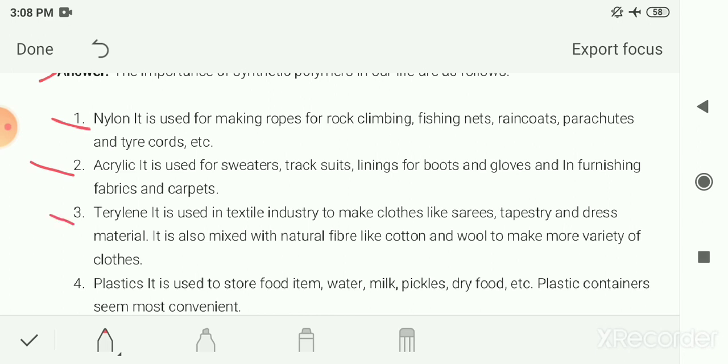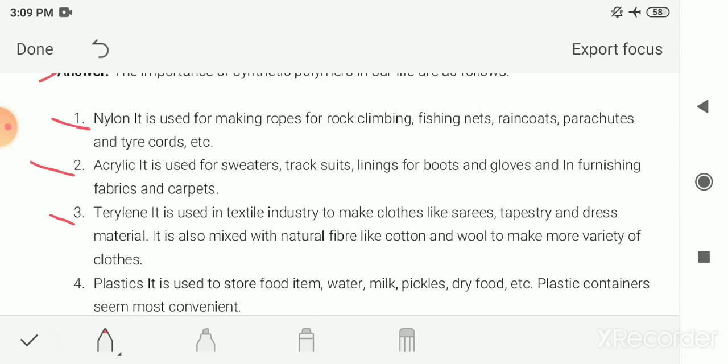The next synthetic fiber or material is terylene. So it is used in the textile industry to make clothes like saris, tapestry and dress materials, and it is also mixed with natural fiber like cotton and wool to make more variety of clothes.